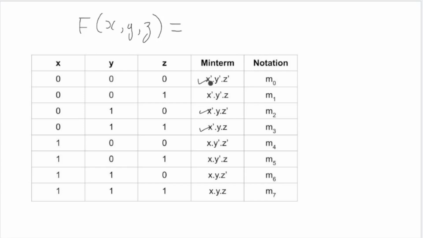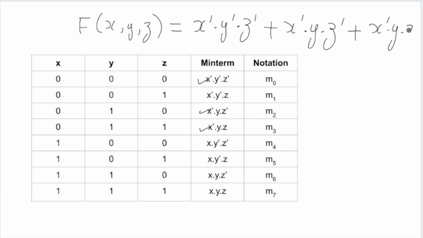So we'll say f is equal to x complement dot y complement dot z complement plus x complement dot y dot z complement plus x complement yz. So this is the canonical form. All the terms are having all the literals and it is in sum of products form.